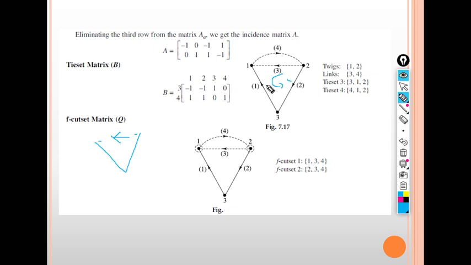So what I am getting is 2 loops, due to these 2 links, right? So we can write 3 and 4 here, and the total branches 1, 2, 3, 4, and this is the tie set 3 and 4, right? The number of tie sets is equal to the number of links.